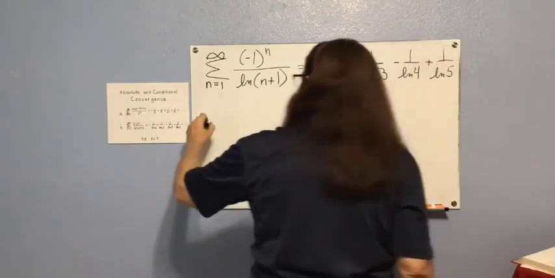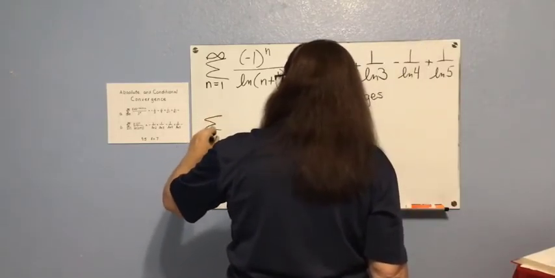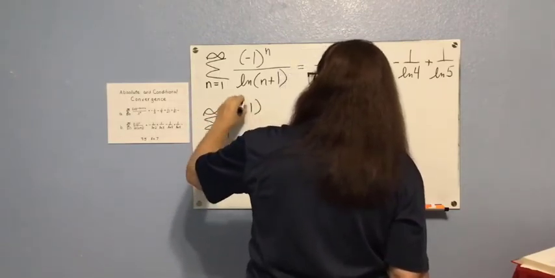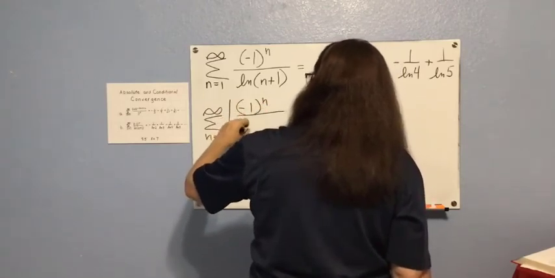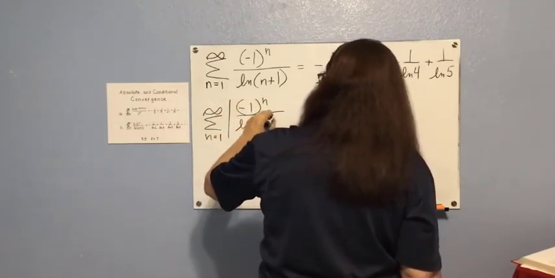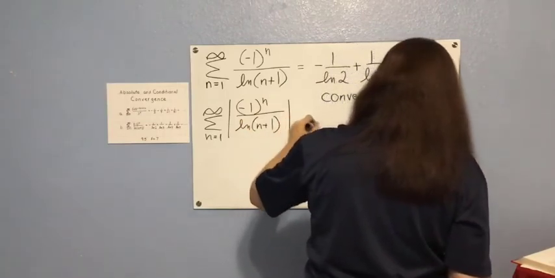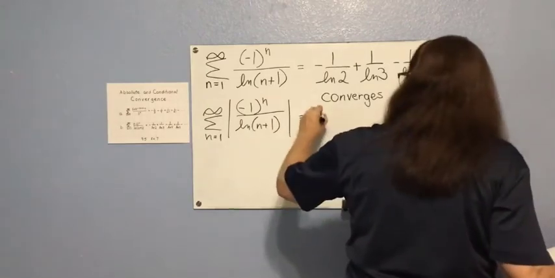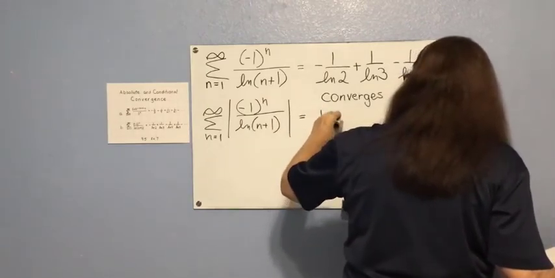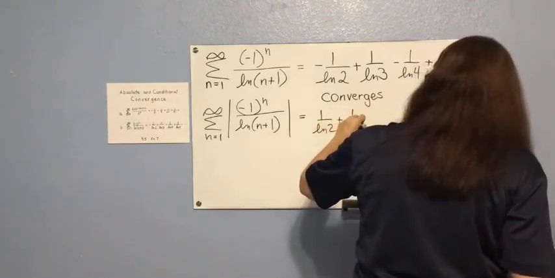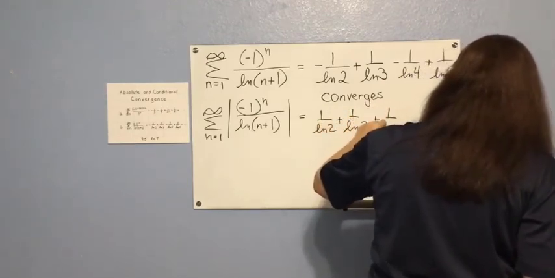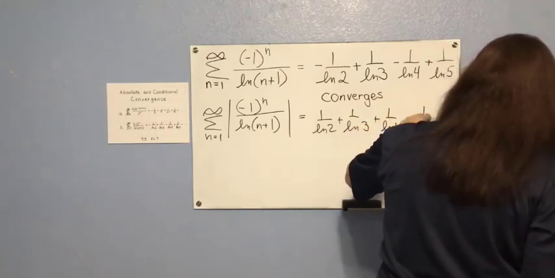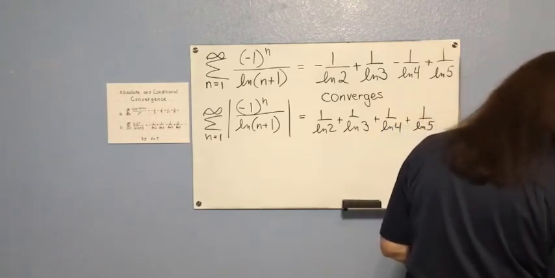However, if I take the absolute value of this series, I get 1 over natural log 2 plus 1 over natural log 3, 1 over natural log 4, 1 over natural log 5, and so on.